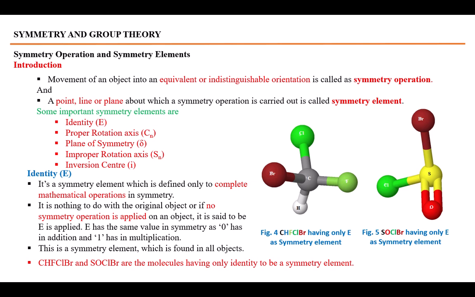So identity is an element in symmetry which, if multiplied by a rotation, will give you the same answer, that rotation. It means if you multiply C2 with E, C2 will be the answer. So identity is just taken to complete the mathematical operations in symmetry. This is a symmetry element which is found in all objects. Identity is the symmetry element which is found in all the objects of the world.